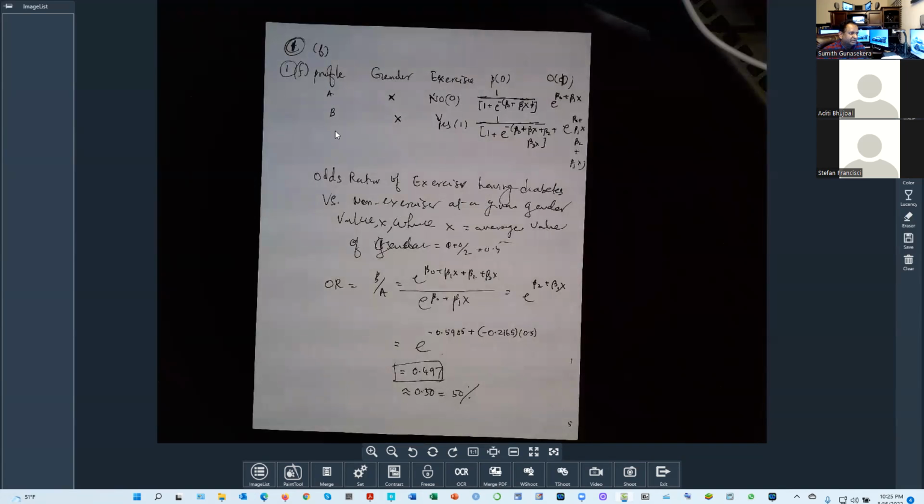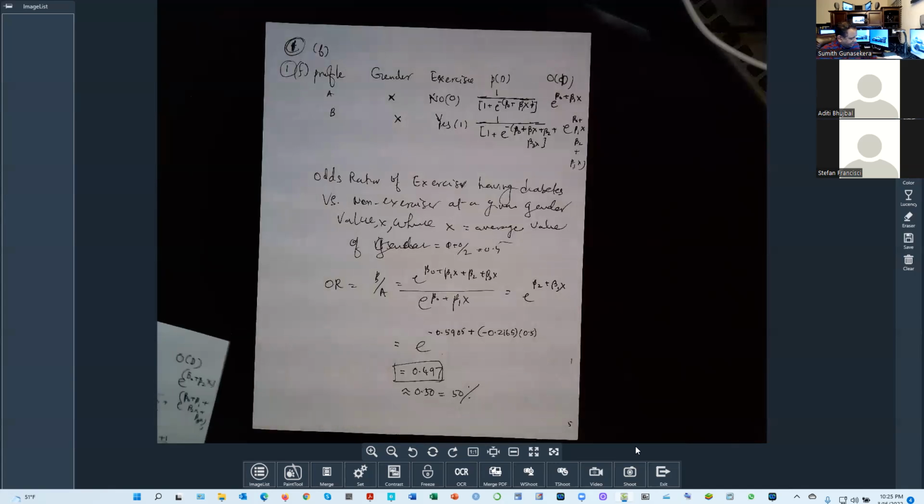A to B, see, yes or no, exercise or not. 0.497. Will that exist? Let's double check and see. What did you get earlier when female exercise to non-exercise?